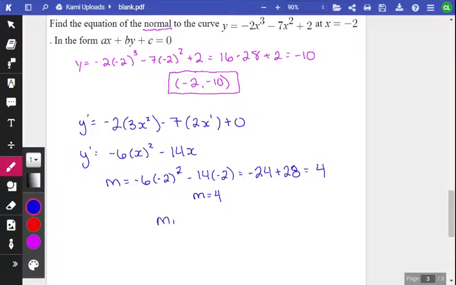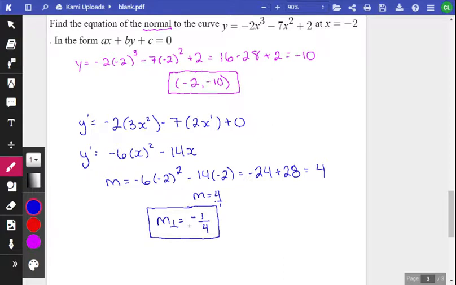So in order to find the perpendicular slope, we need the negative reciprocal of this. So because this is positive, our reciprocal is going to be negative. And 4, remember, is secretly over 1. So its reciprocal is negative 1/4.